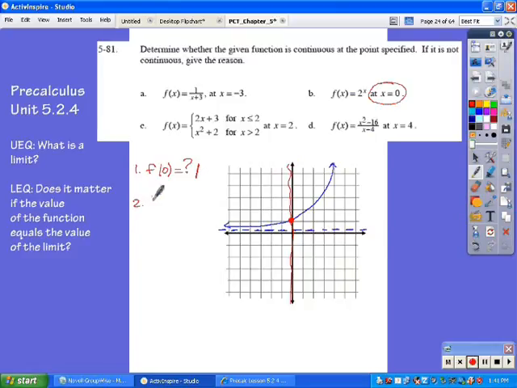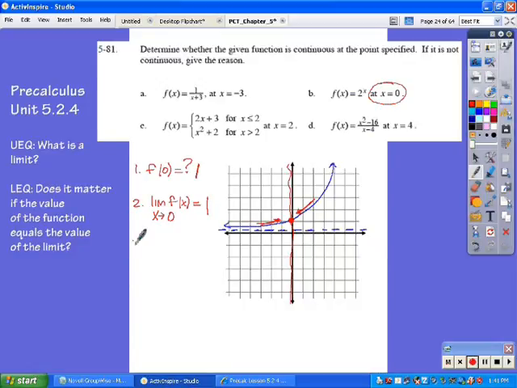2, does the limit of f of x as x approaches that value 0 exist? So if it's a limit, that means we're approaching it from the left, tracing with our finger, from the right, tracing with our finger. Will our fingers meet? Yes, they meet. Where do they meet? They meet at 1.